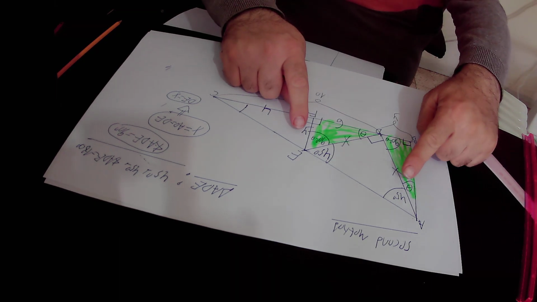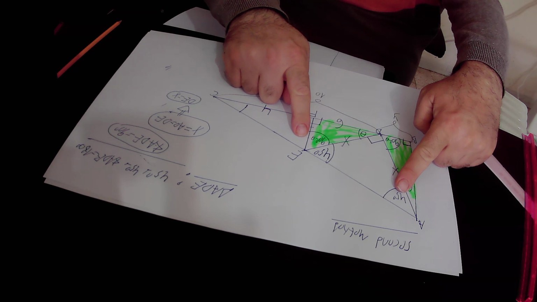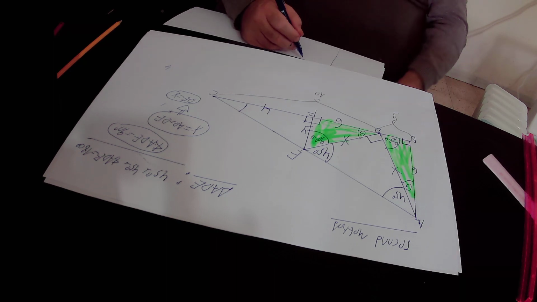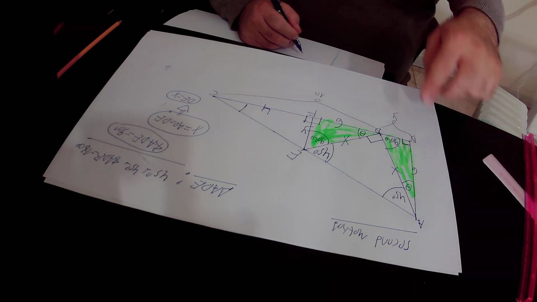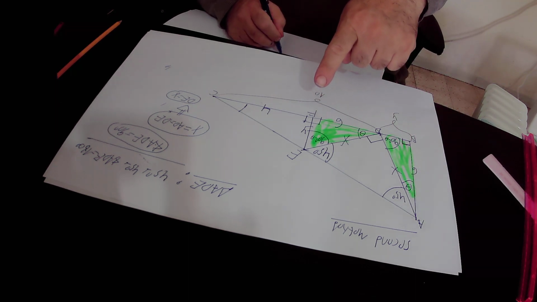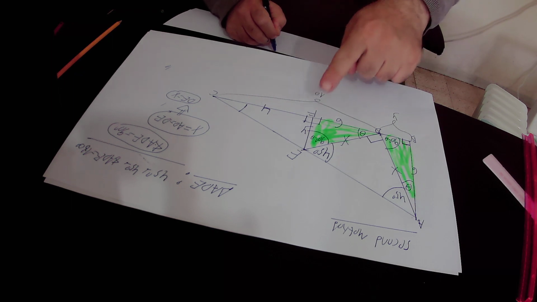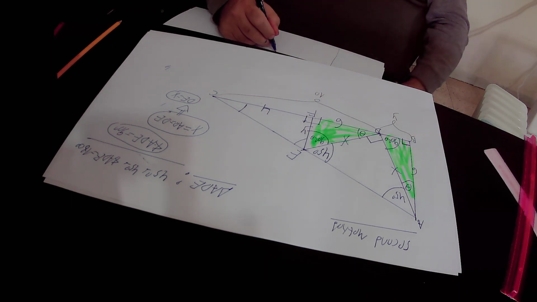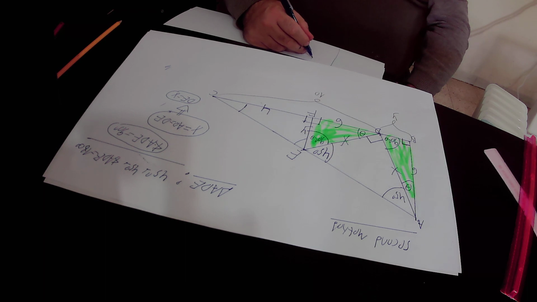And those two angles are also equal to each other according to the third angle theorem. So write it down, angle BAC is equal to angle FEC, according to the third angle theorem.